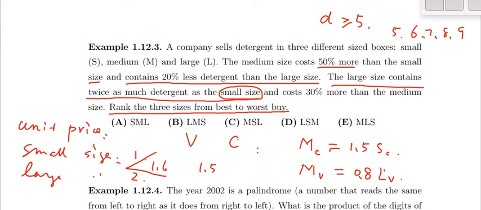For the large one, the cost is 30% more. So the smaller one is 1, and the large one is 1 plus 30%, 1.3, multiplied by 1.5.